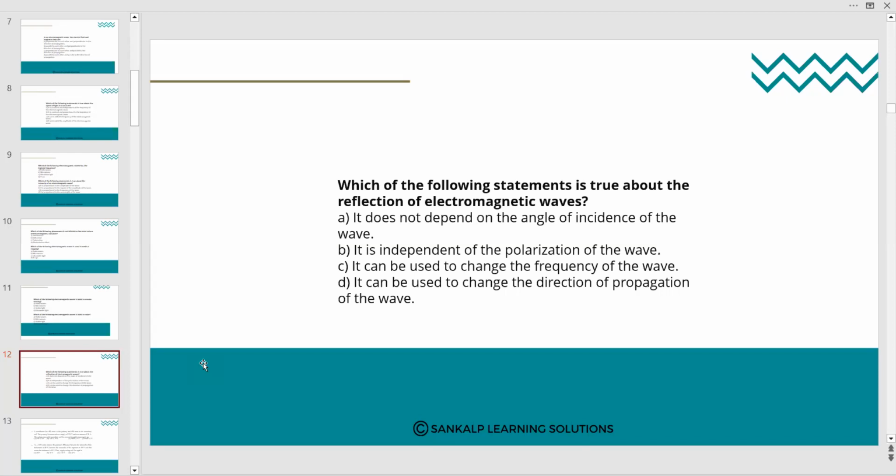It can be used to change the direction of the propagation. Reflection of electromagnetic waves.